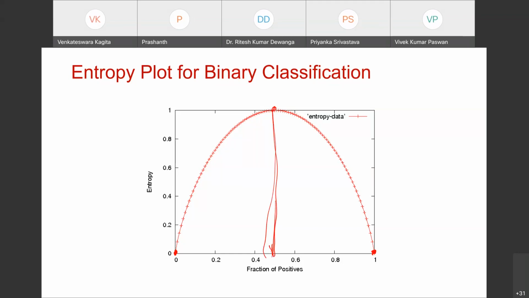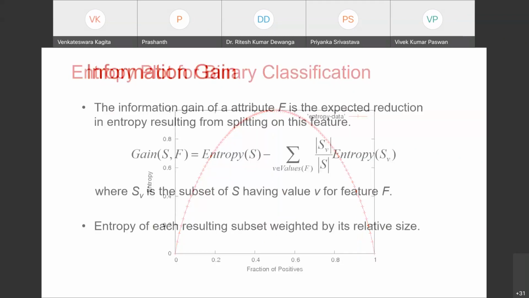If you have some fraction, for example 80% or 90% belonging to class 1 and 10% to class 0, you would get around 0.3 impurity. So based on the impurity level, the entropy is measured. Entropy is proportional to impurity. So this is how you can get impurity.